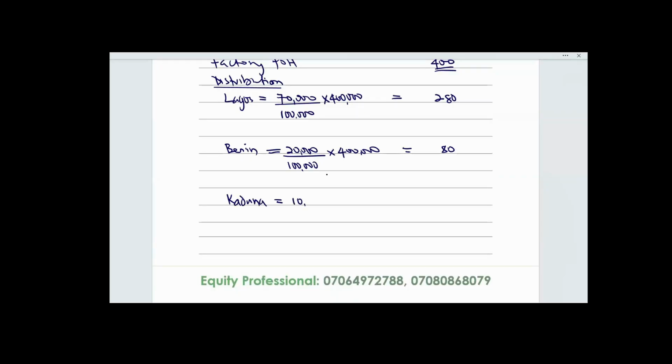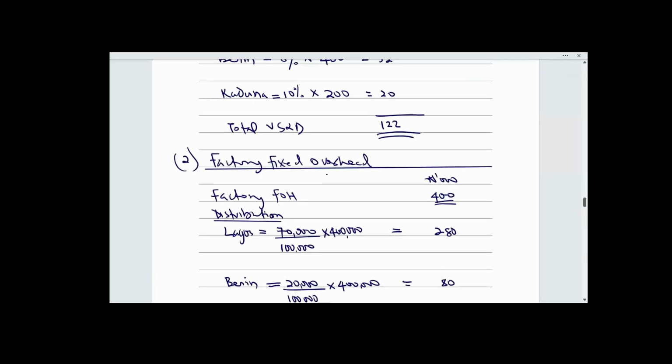Kaduna produced 10,000 out of 100,000. You multiply with 400,000. This will give us 40,000. So you then add everything together, and this will make the 400,000 total. Okay. So let's go and post.